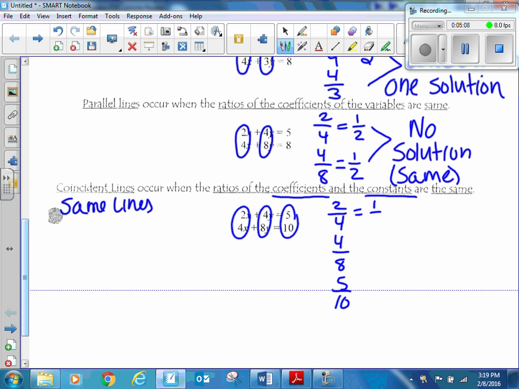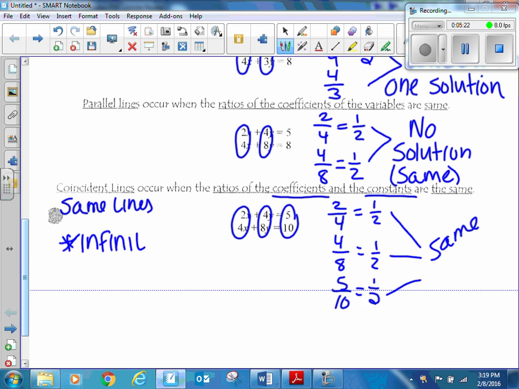All of these reduce to 1/2. Since all of these are the same, this is infinite solutions. We'll write it over here: infinite solutions. So that is the initial way to figure out the solutions to these different special cases.